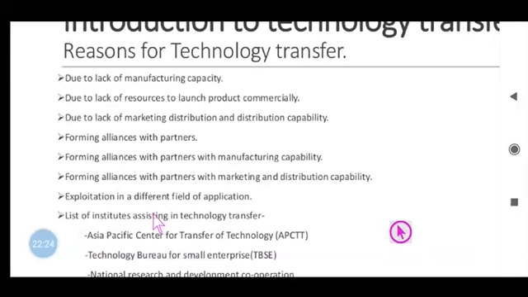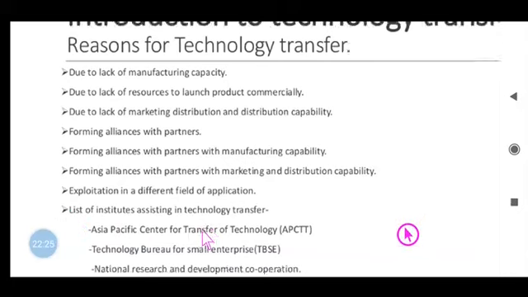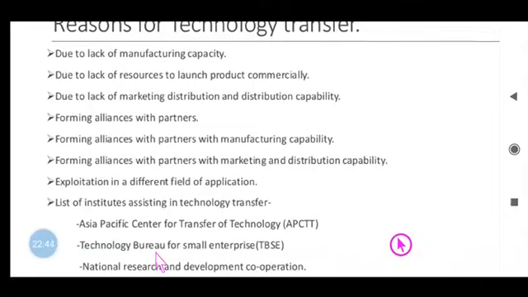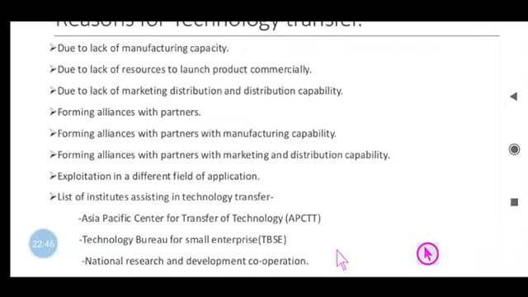There is a list of institutes assisting in the technology transfer. There are some institutes like the Asia Pacific Center for Transfer of Technology, APCTT. Then the Technology Bureau for Small Enterprise. Then the National Research and Development Corporation.